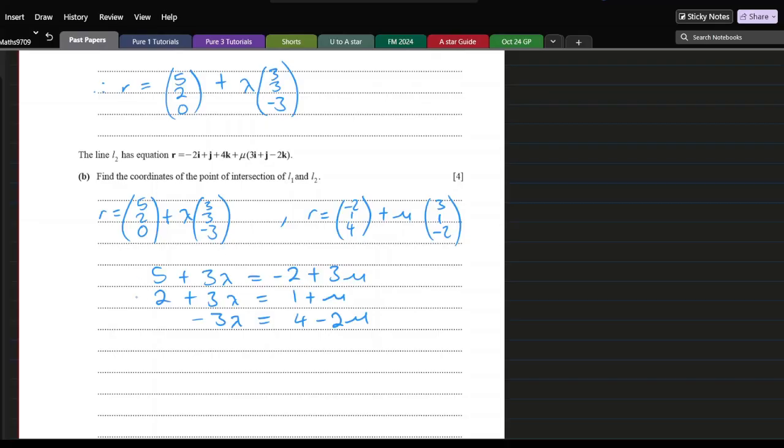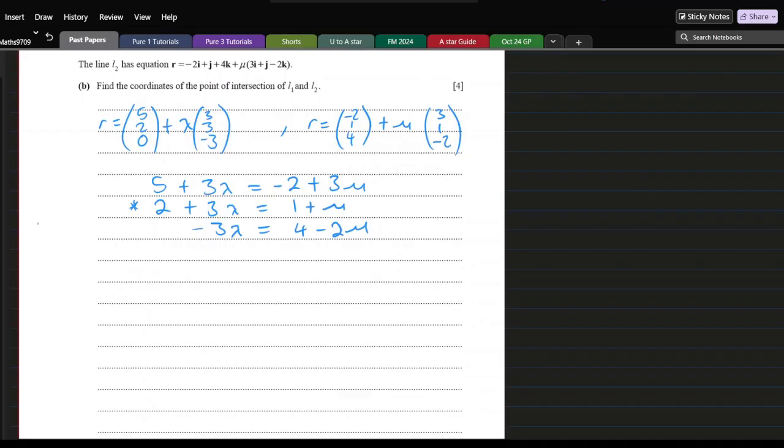Alright, so I'm going to use our second equation to make mu the subject of the formula. We've got 2 plus 3 lambda is equal to 1 plus mu. So mu is equal to 2 minus 1 plus 3 lambda, so mu is equal to 1 plus 3 lambda. We can substitute this into the third equation, which allows us to evaluate lambda.